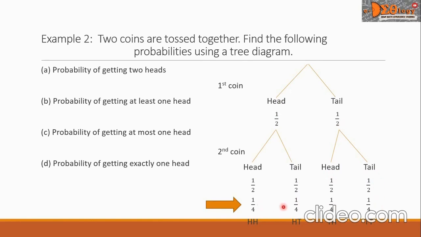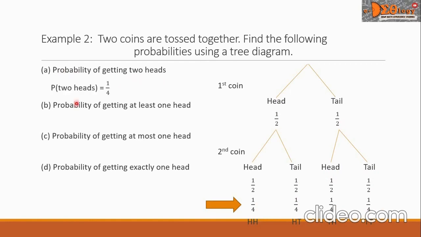Now, using these probabilities, let us now answer letter A, probability of getting two heads. So we will write P of two heads, and this is equal to 1/4. This is the answer. Now let's answer letter B, probability of getting at least one head. Getting at least one head means it can be one head or two heads.